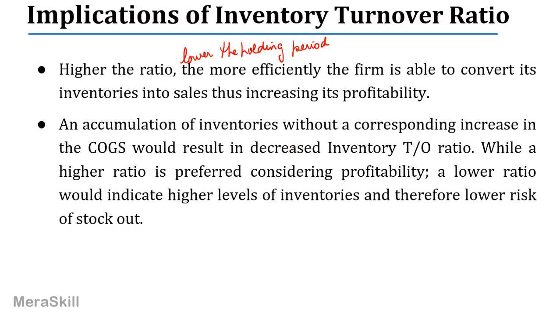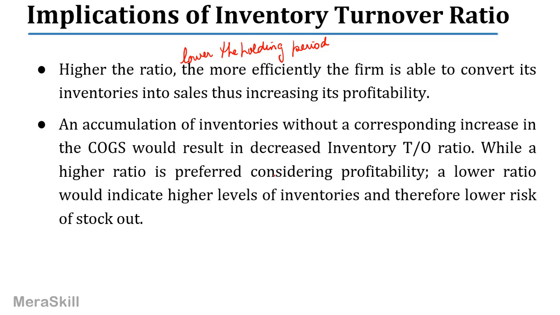Now, if inventories accumulate and there is no increase in the sales or the cost of goods sold, then the inventory turnover ratio comes down, indicating that there is a pile up of inventories which you are not able to sell.